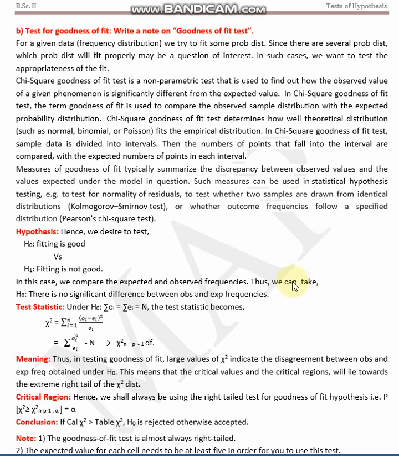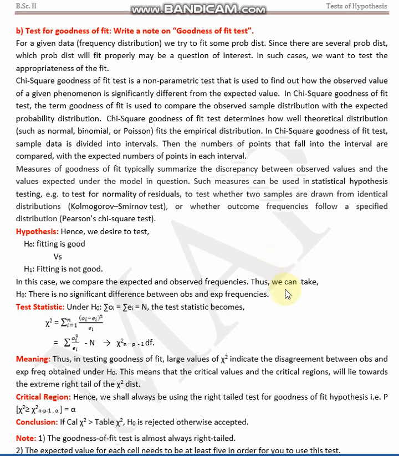In the chi-square goodness of fit test, sample data is divided into intervals. Then the number of points that fall into each interval is compared with the expected number of points in each interval. The measures of goodness of fit typically summarize the discrepancy between observed values and the values expected under the model in question.